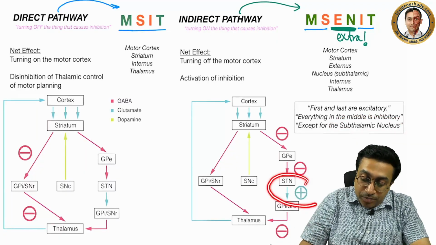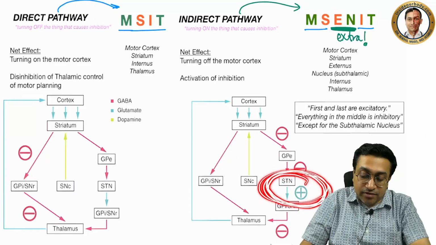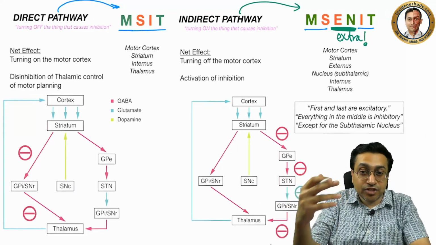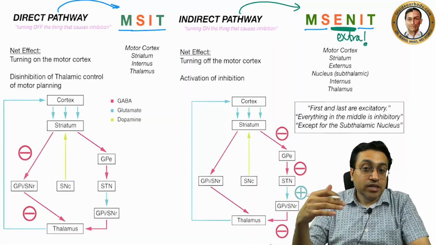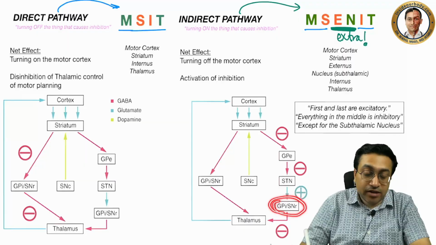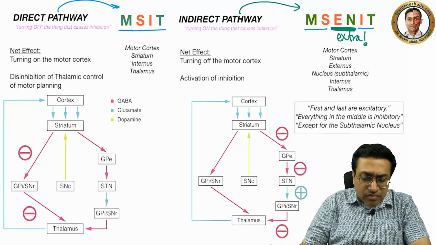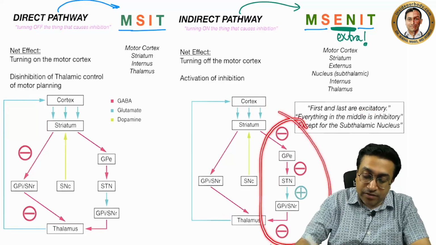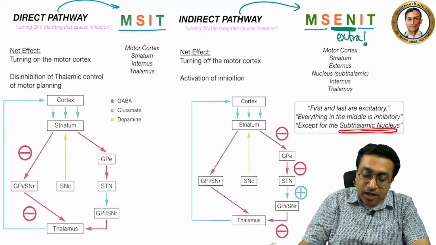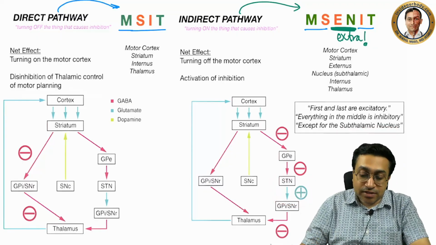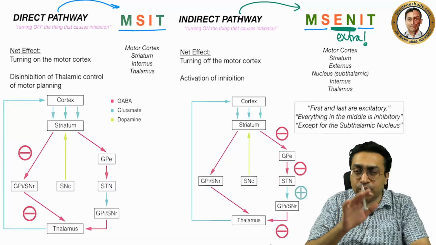The subthalamic nucleus produces glutamate, so the more glutamate is formed, the more GP internus is activated. Ultimately, first and last are excitatory, everything in the middle is negative except the subthalamic nucleus, which is positive. This is a very simple thing I have shown you, the direct and indirect pathway.